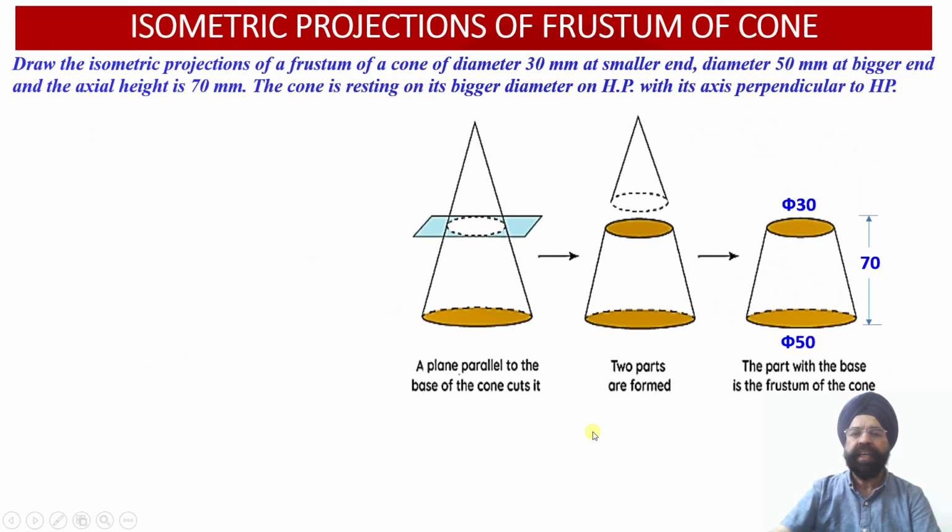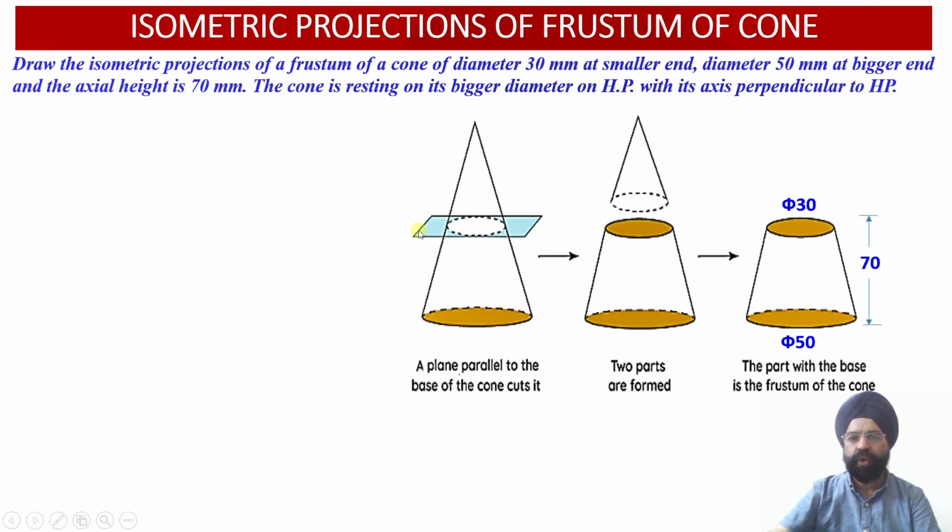Now let us see how we actually project this in the 3D view. So this is the uncut cone, the complete cone in the normal position, and we have cut this cone in such a way that this diameter happens to be 30 millimeter, the base diameter will be 50 millimeter, and the height of the axis of this frustum will be 70 millimeter.